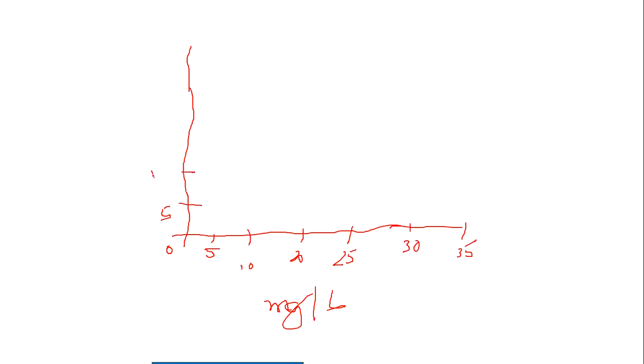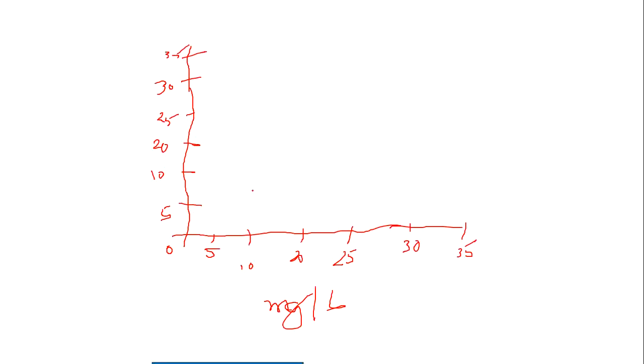For example, this is 0, 5, 10, 20, 25, 30, 35, and so on, in milligram per liter. And this is turbidity, 5, 10, 20, 25. Based on the results, you can draw this.